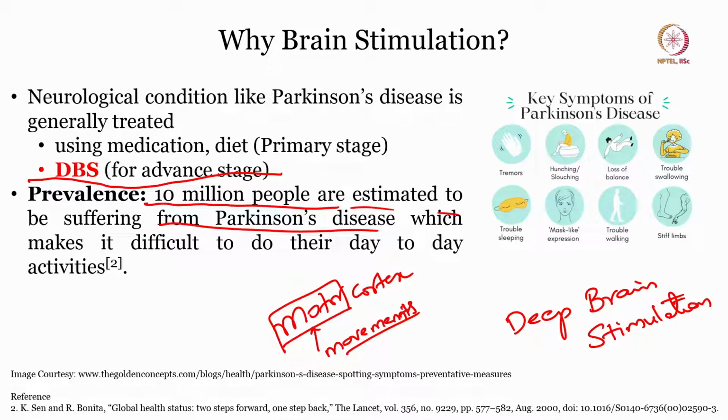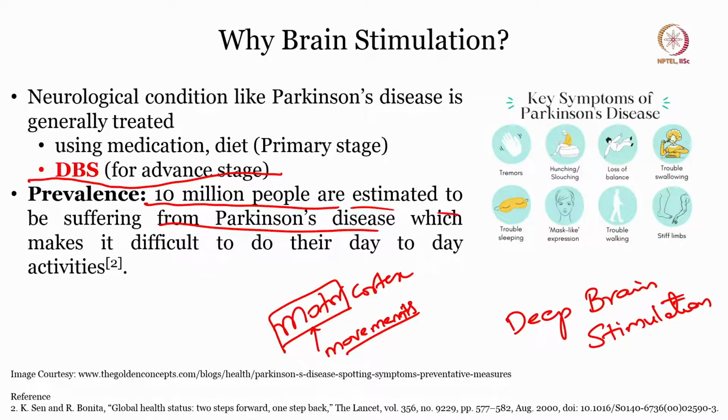The idea is, whenever movements happen, whenever we are moving the hands and all those things, through imaging techniques people have found the region where most activity takes place in the brain. Let us say we call it the motor cortex.